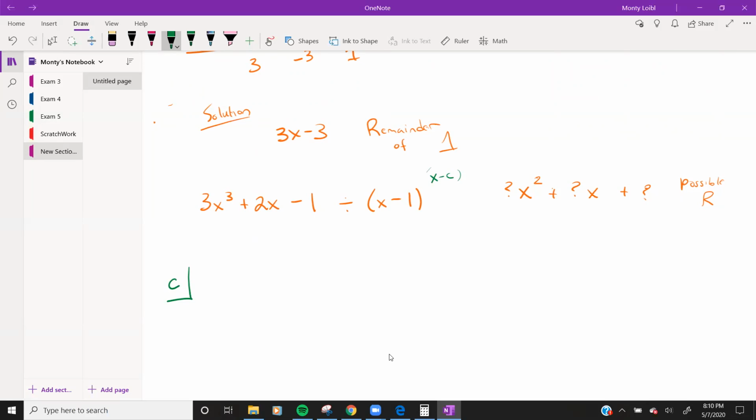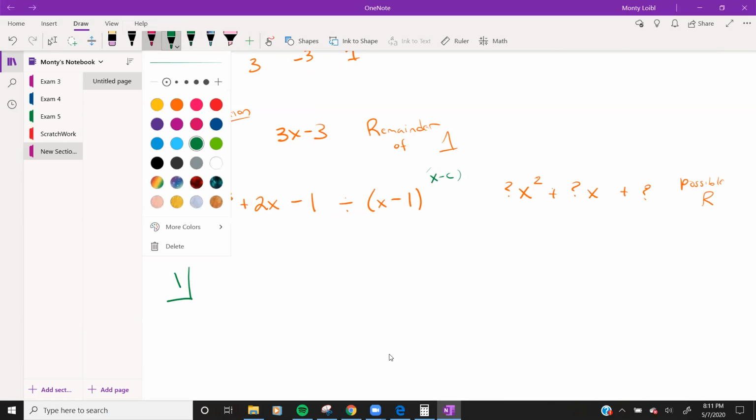So in this case it would be, excuse me, 1. It's the opposite of whatever's on the inside. So your root is what you're dividing by.